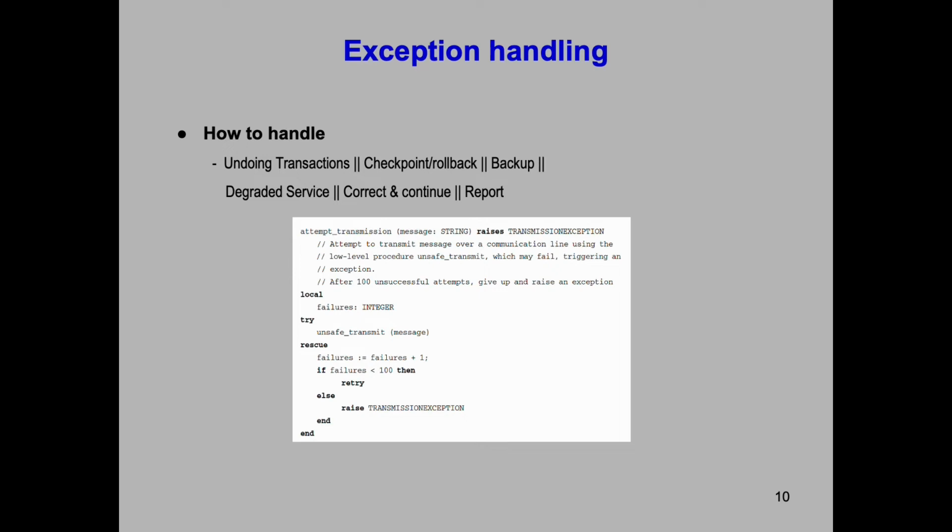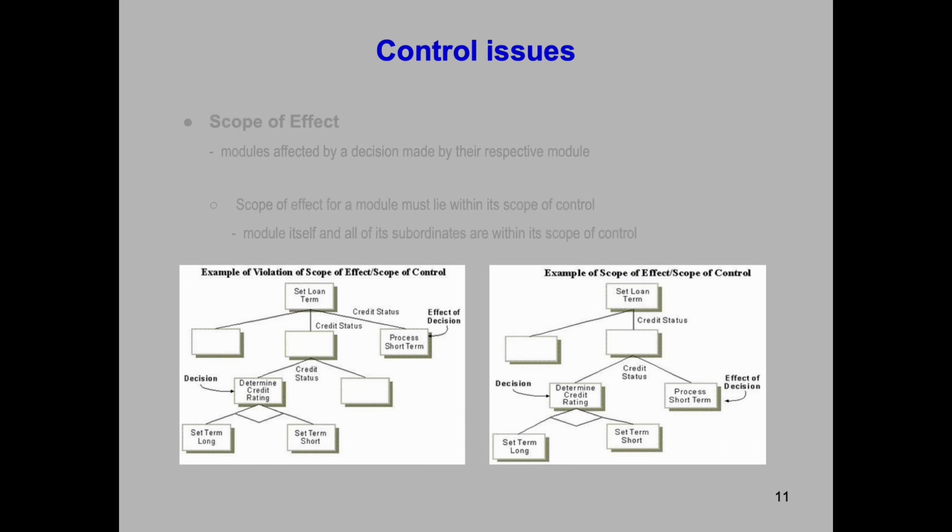If that fails, it goes to this rescue clause, which would be our try catch in C++. It increments failure. If this failure reaches 100, then it throws an error. Otherwise, it retries. So we basically want to catch these exceptions before they bubble out of the environment. Maybe we can recover from them, using correct and continue, but maybe we can't, so we just report it. So that's an example of how you can handle an exception.